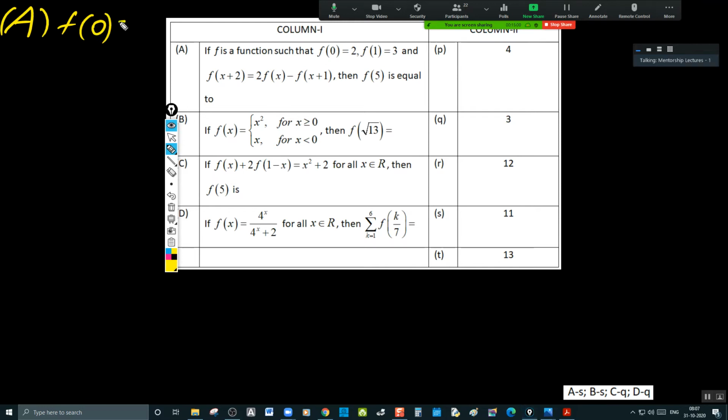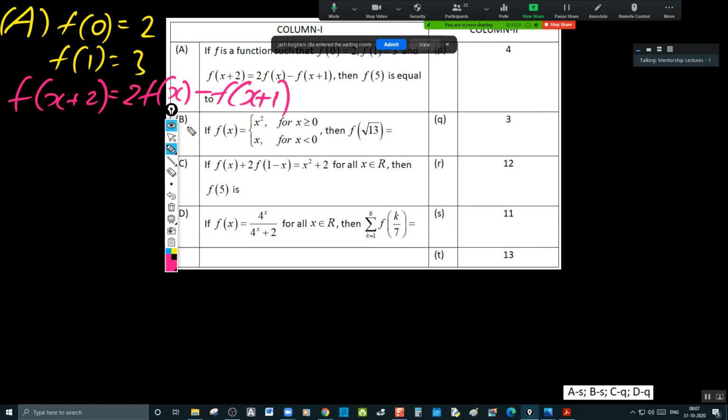It is 2. What is f(1) given? It is 3. What is the functional equation given? f(x+2) is equal to 2f(x) minus f(x+1).